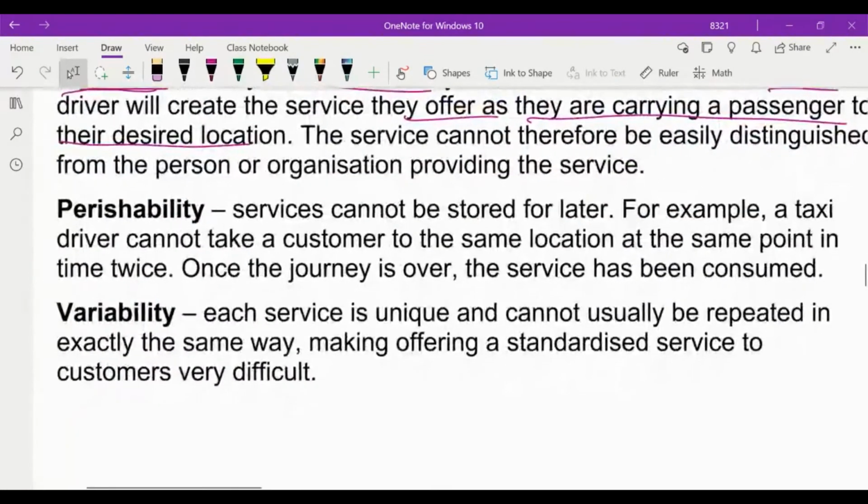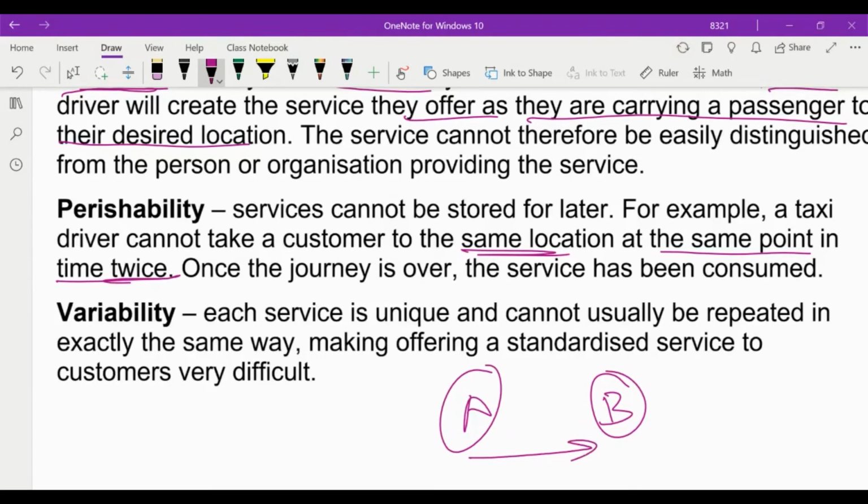Third is perishability. Services once provided are very difficult to replicate, or I should say, if a service is provided at one point, it cannot be stored for later on. So, for example, a taxi driver cannot take a customer to the same location at the same point in time twice. So, if you are going from point A to B, the taxi driver is moving with his cab, and if you are not there, obviously you miss the drive and then you miss the service.